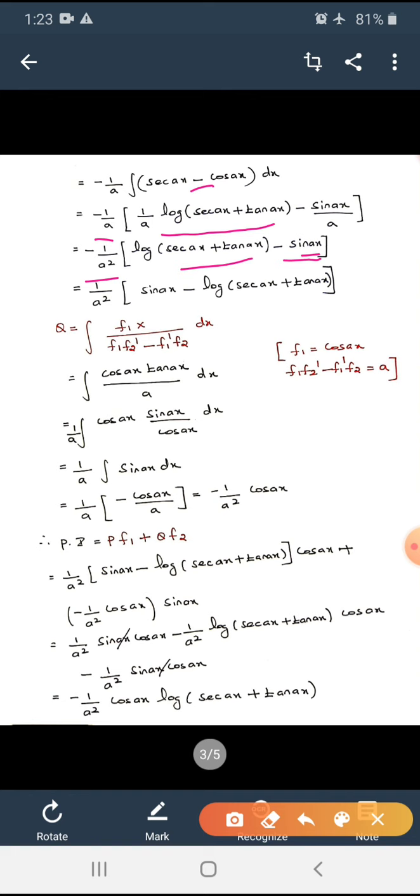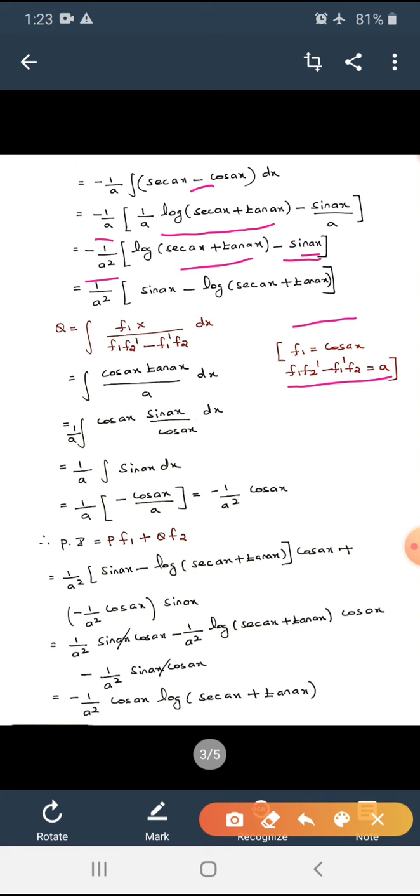Now let us calculate capital Q. The formula is integral f1 capital X by f1 f2 dash minus f1 dash f2 dx. That is equal to integral f1, already we know the value of f1. F1 is cos ax into capital X. Capital X is the right hand side function, it is tan ax, by the denominator we have calculated already, that is a, dx. Now 1 by a is constant, you can take it out.